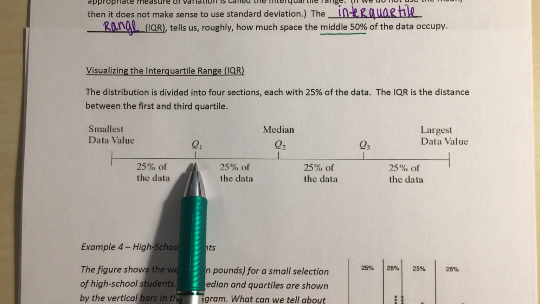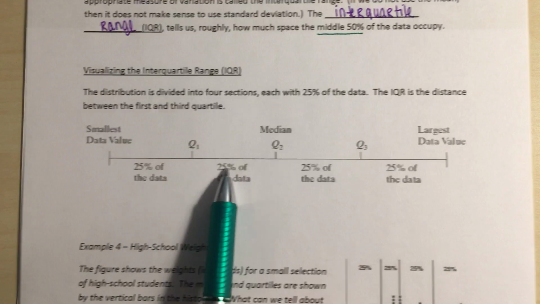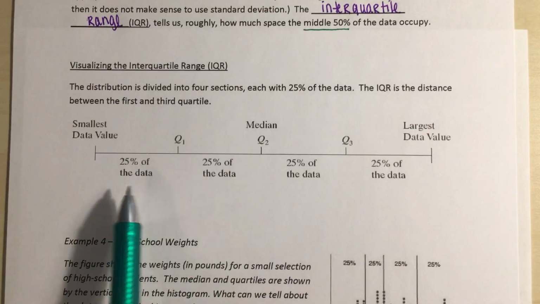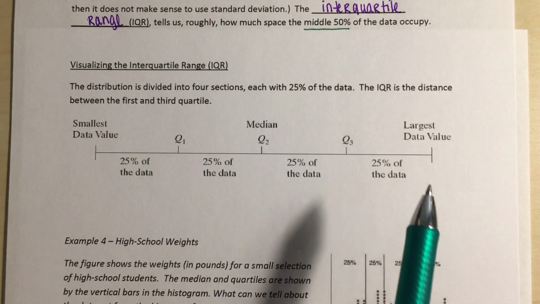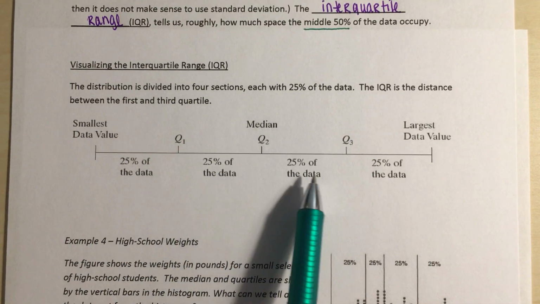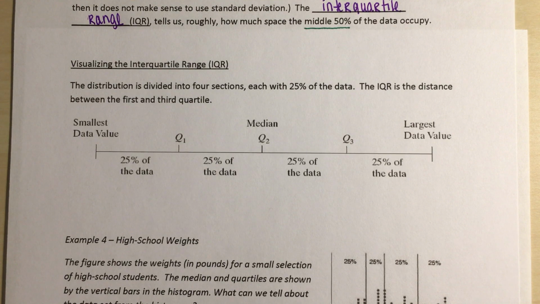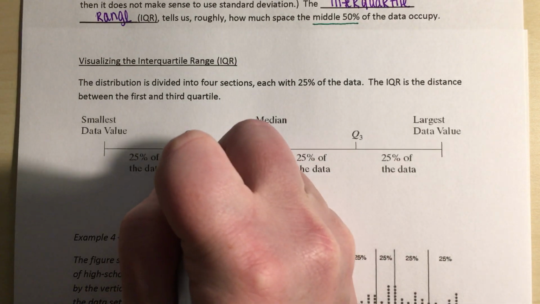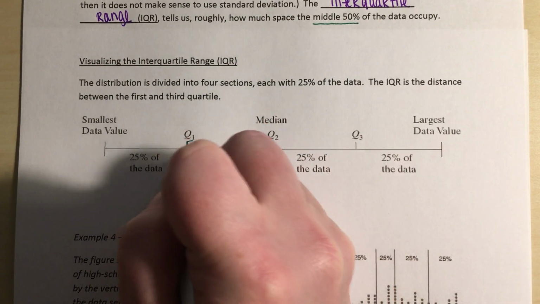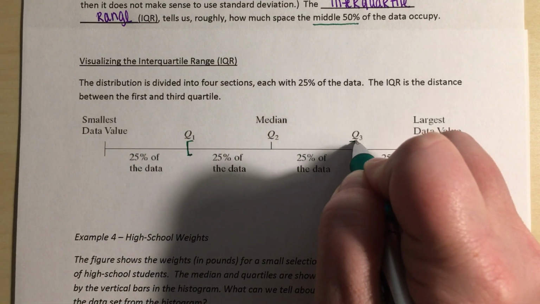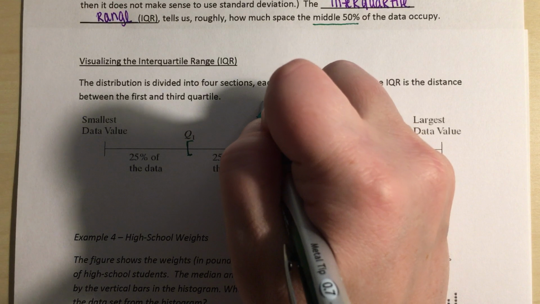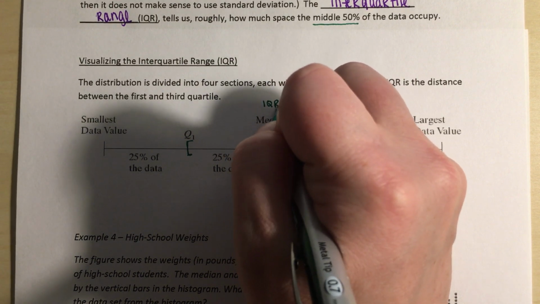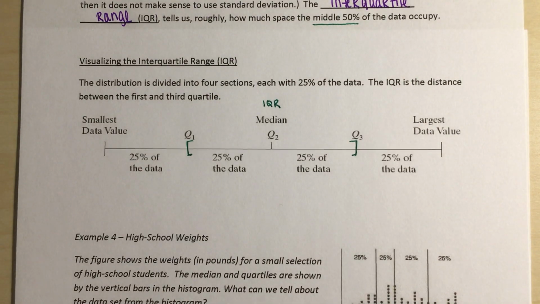Then we have Q1 on this side, which splits this half in half, and Q3 on this side, which splits this half in half. That gives us a total of 4 pieces. Our IQR is the range from Q1 to Q3, which is that middle 50% that we see there.